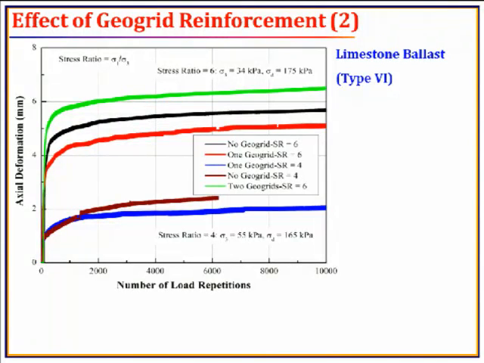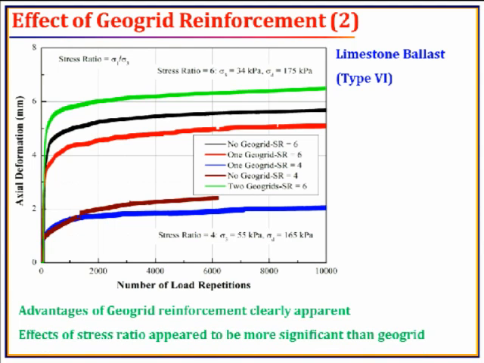If you look at the stress ratios, for stress ratio 4, you have the lowest axial deformation, but when you increase the stress ratios up to 6, you have a significant amount of deformation. And as you can see, if you install the Geogrids, your permanent deformation gets down. So advantages of Geogrid reinforcement clearly apparent. Effects of stress ratio appear to be more significant than Geogrid.